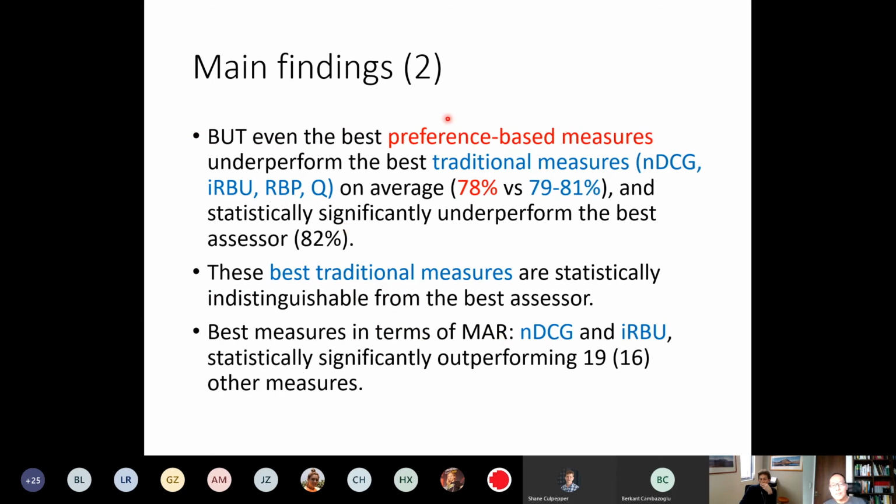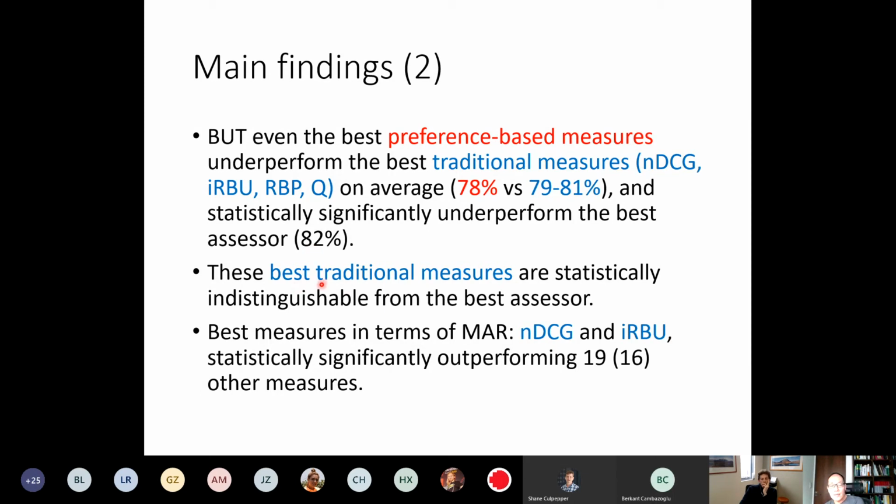So a slightly depressing news is that these best preference-based measures are not quite as good as these best traditional measures like NDCG. And the best preference-based measures actually statistically significantly underperform the best assessor.